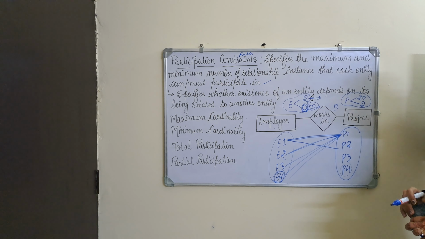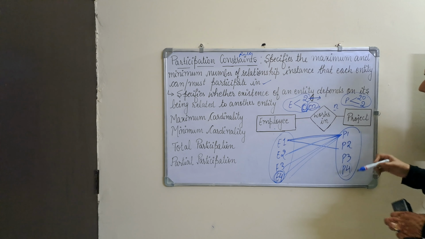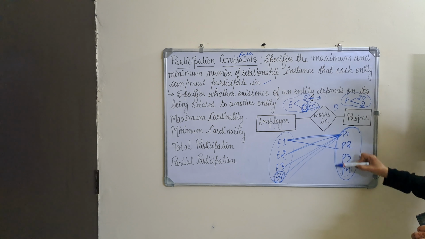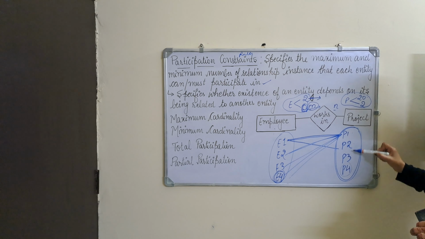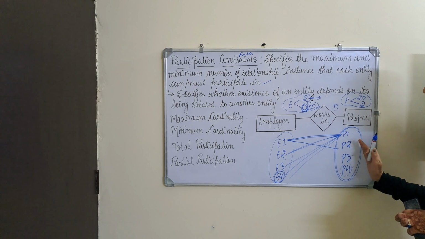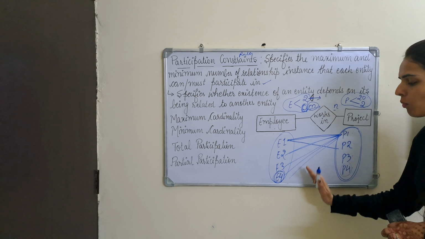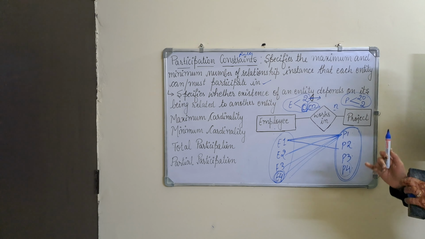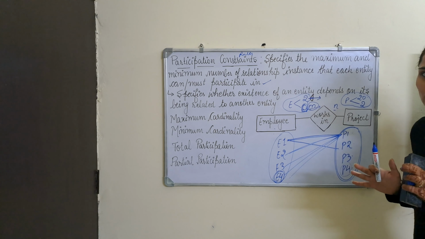So we can say that all the entities in this entity set are going to participate in one or the other relationship, in a minimum of 2 relationships.